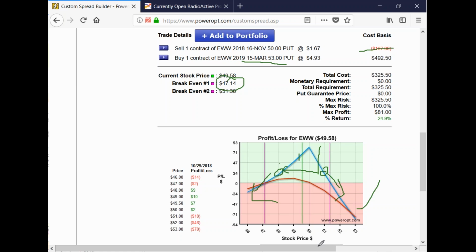Above that, it starts not making sense for me, and I have to maneuver this position because remember, on the married put, I'm getting +1 delta on the stock. Here, all I'm gaining is the loss of time premium of that $1.67. If it gaps up, big market correction on Monday, let's say, or correction to the upside, and this stock recovers and goes back up to 52, 53, or 54, I'm losing so much money in my put, and I'm scrambling to try to sell a new put that has any premium to it to really reduce that risk, or try to buy the stock now at 53, 54.